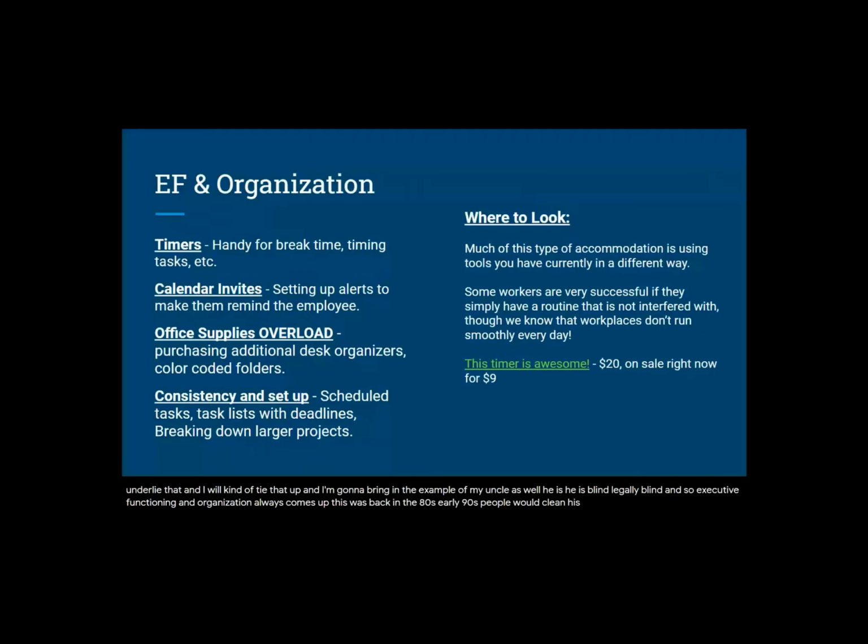People would clean his desk overnight, like the cleaning staff would come through and wipe things down, and they might move his stapler, which for most people is no big deal. But for him, it would be like, okay, where's my stapler? Kind of a little office space there. But if somebody could come in the morning and say, okay, I'm going to move these things back where I know he wants them, that can be really helpful.